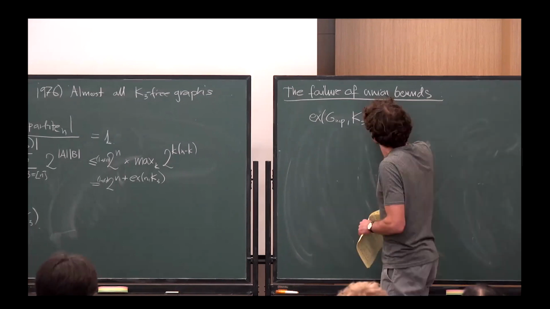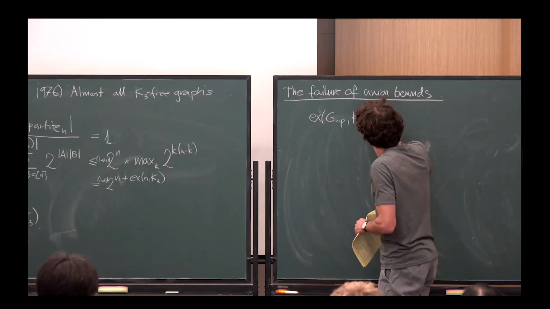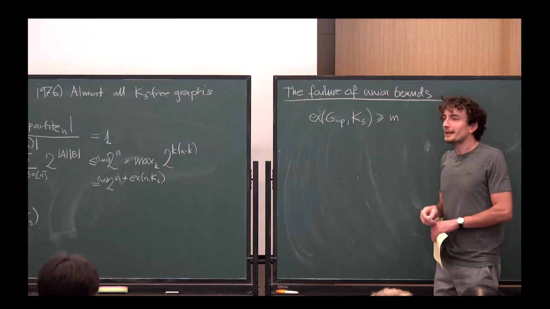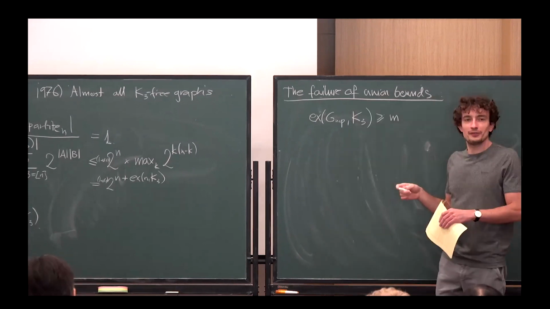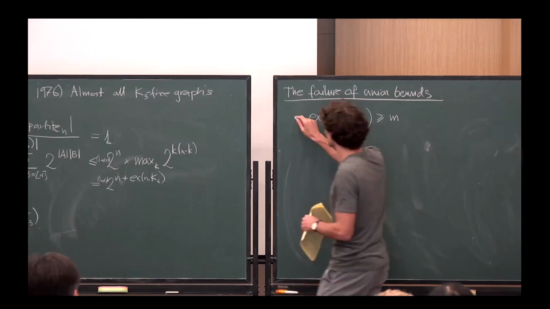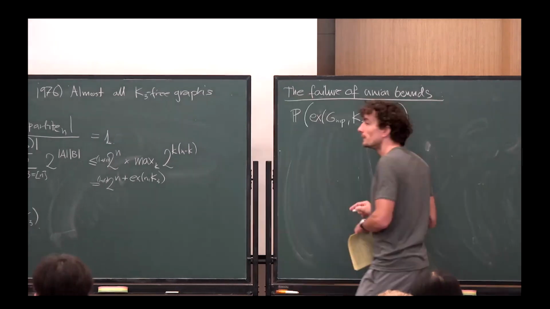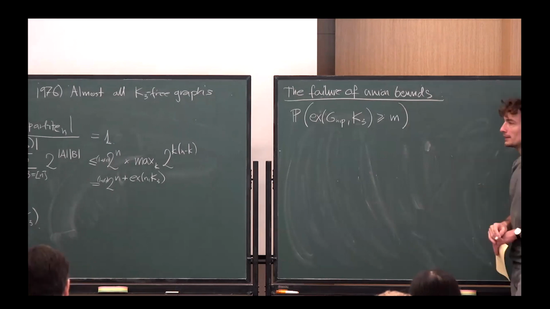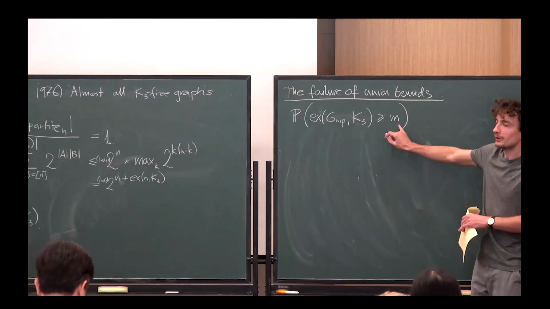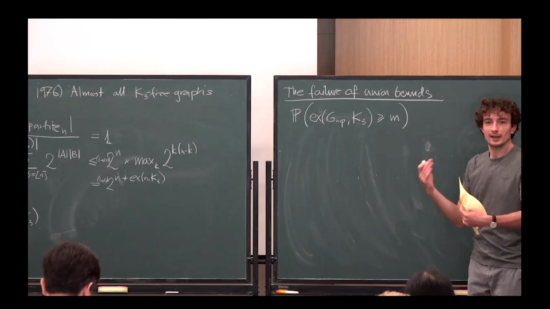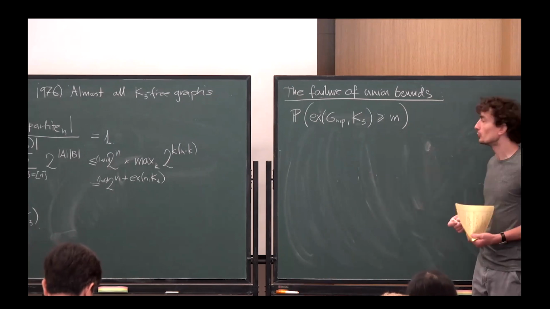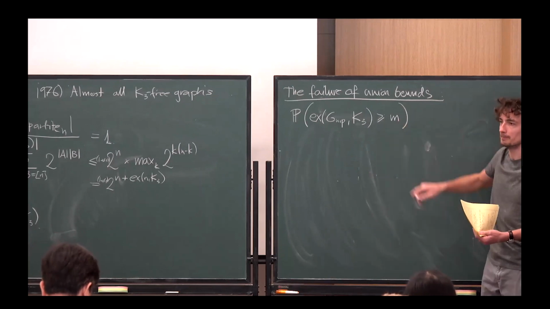Since we want to prove an upper bound for it, this is the same as saying, let's bound from above the probability that this is large. So we'd like to bound from above the probability that this happens. And we have some natural guess for n, but let's not assume what type of bound we want to prove. Let's prove some bound for some n.